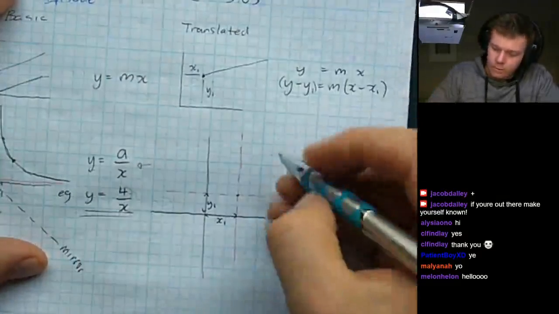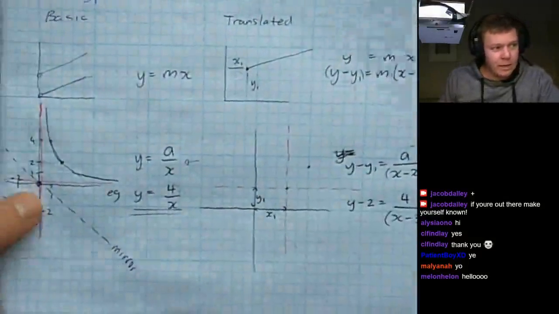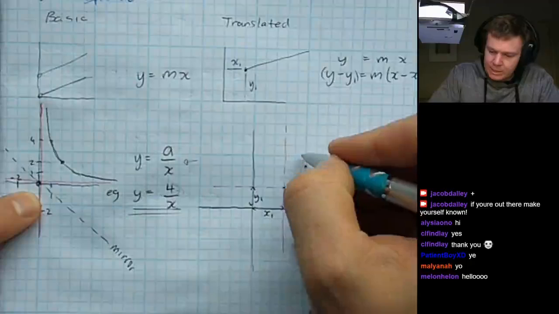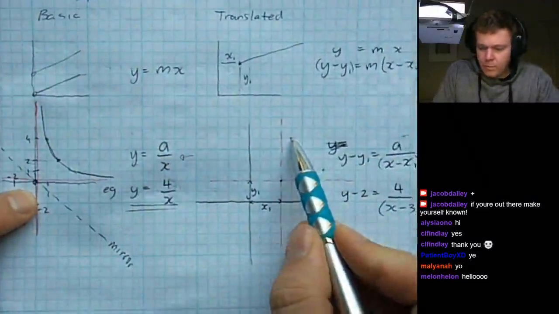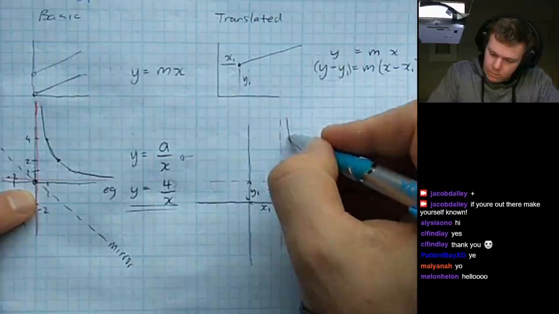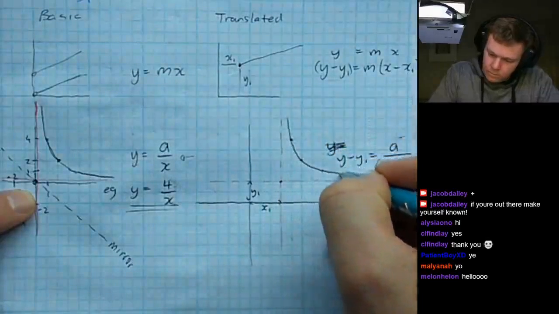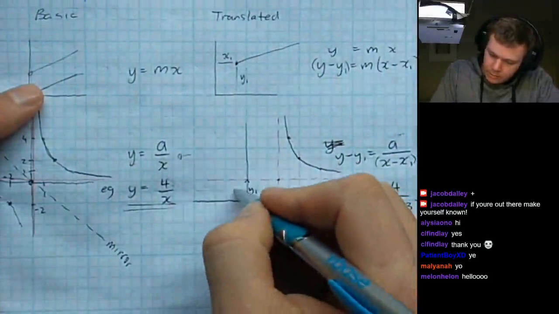It'll look the same as our regular basic one, but it'll just be translated. You get these points at 1, 4, 2, 2, 4, 1, and similarly on the other side.